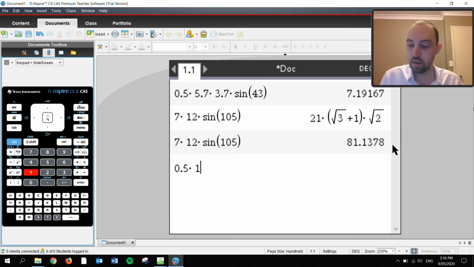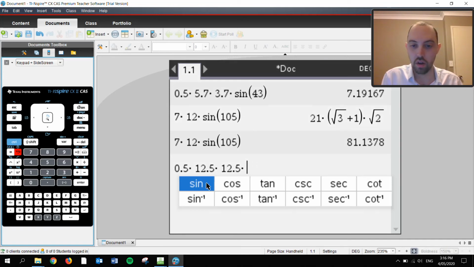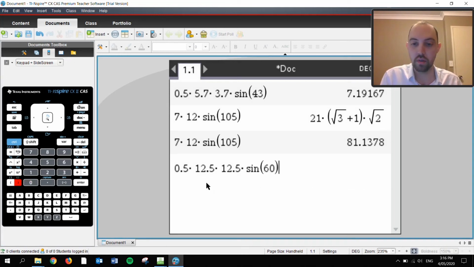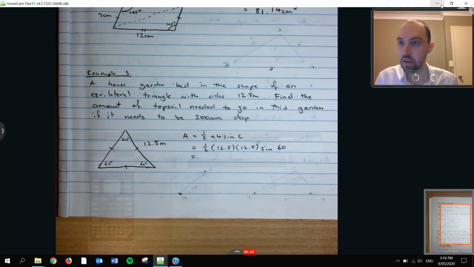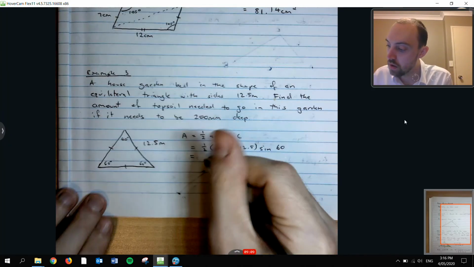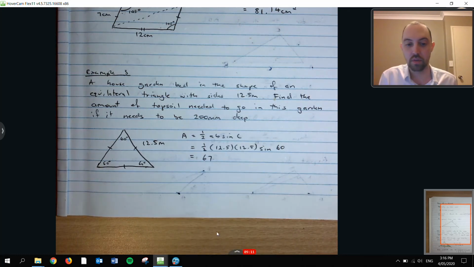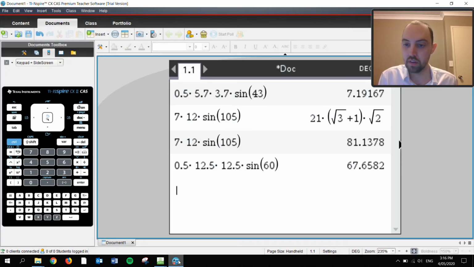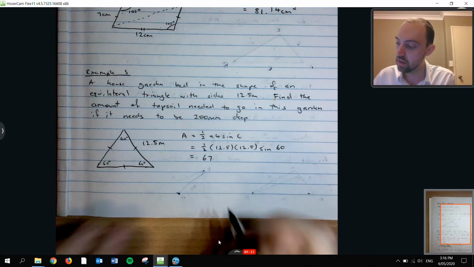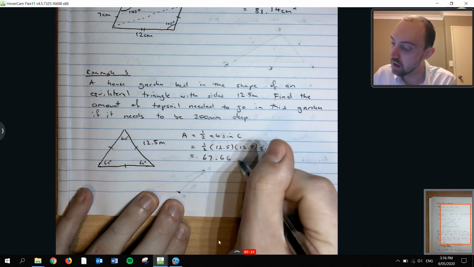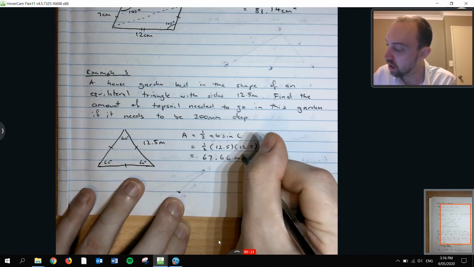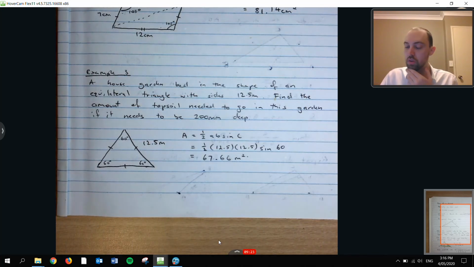Half times 12.5 times 12.5 times sine of 60 gives us 67. Oops, I've already forgotten it. 67.66, approximately anyway, meters squared.